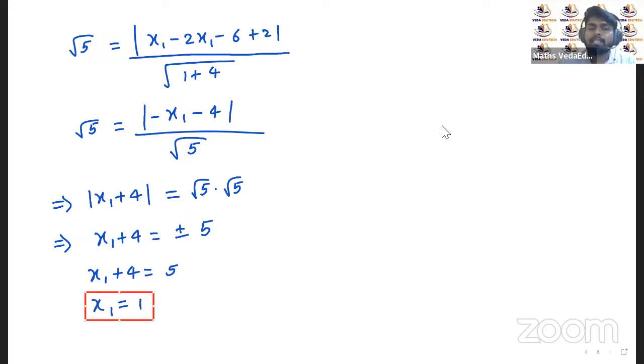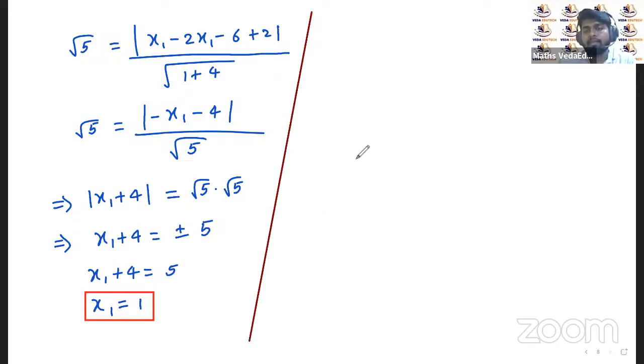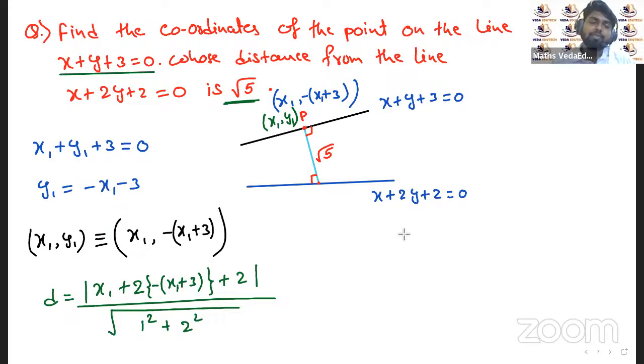The second condition is x1 plus 4 equal to minus 5. So we'll get x1 equal to minus 9. Now we got two values. There are 2 points from where we get the distance root 5, and they satisfy the condition.